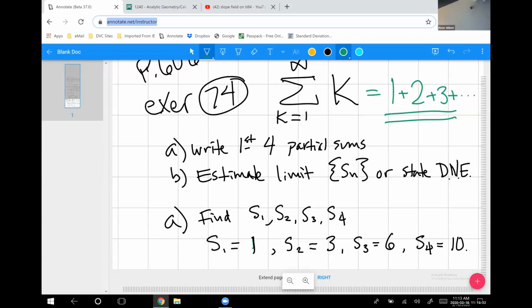Plus 3 is 6. Plus 4 is 10. Plus 5 is 15. The partial sums is that running total. S sub 4 is what are the first 4 terms added up. S sub 5 would be, well, what if you then add the 5th one to that, etc. How does that sound? Yes, that helps.